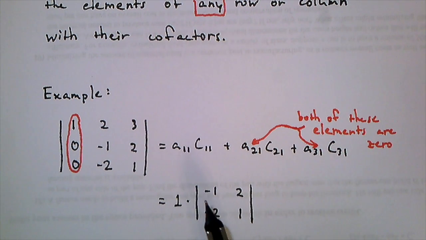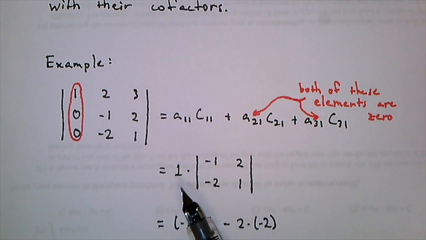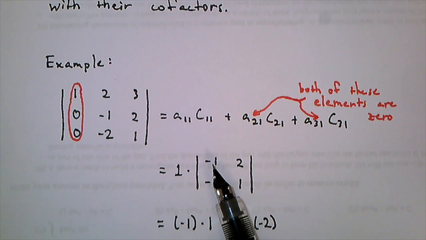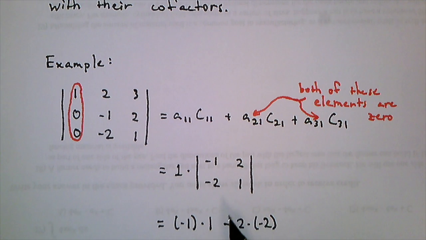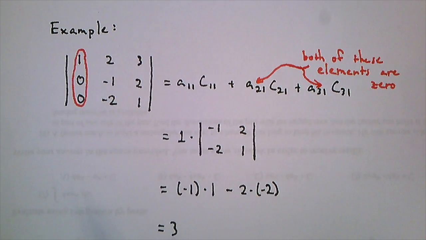Make it into a 2 by 2 matrix, and then find the determinant. Okay, so I didn't write the 1 down again since we don't need it. But now we need to do minus 1 times 1, minus 2 times negative 2. So this is minus 1 plus 4, which gives us a 3.